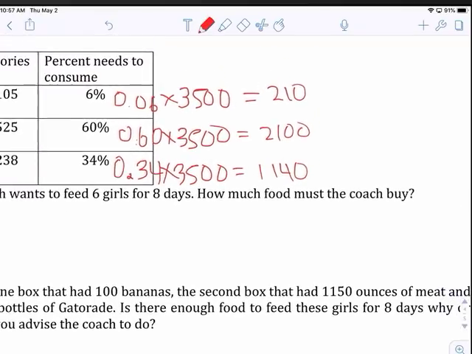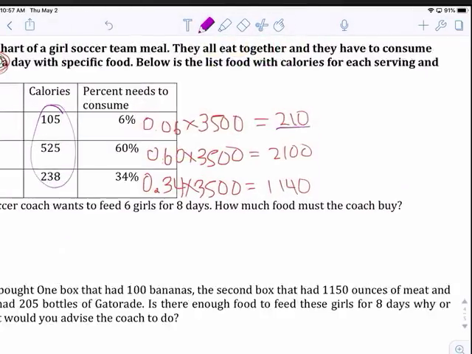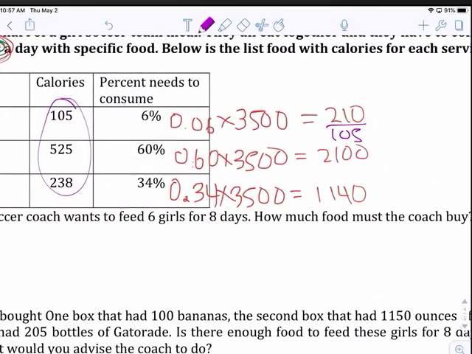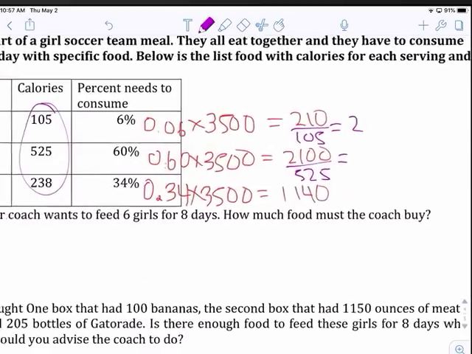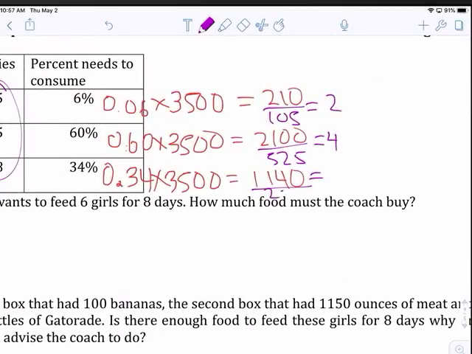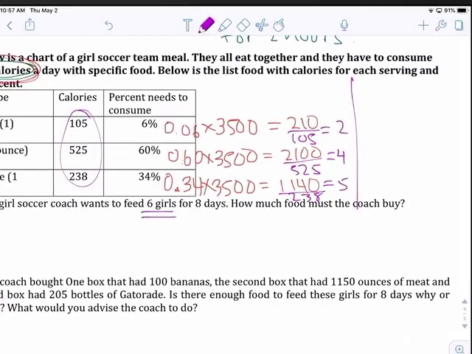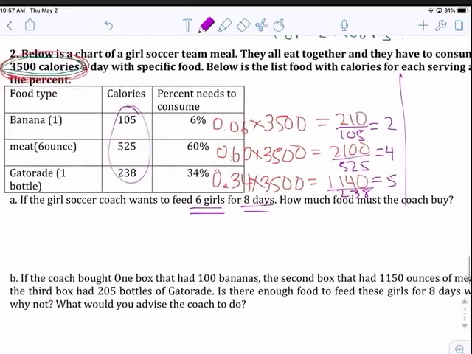Okay, and then after you do that, what do you do with the numbers? Divide by the calories here. Divided by 105. Divided by 5. You get 4. And then the bottom, divided by 238. You get your bottle. Wait, don't you multiply it by 6 girls, 8 days, right?